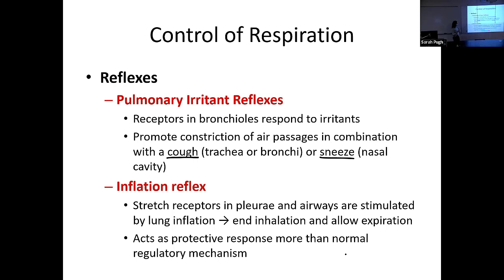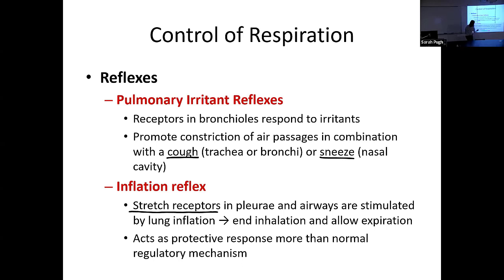An inflation reflex: you actually have some little stretch receptors in the pleura and your airways that are stimulated by lung inflation. And this is what is ending your inhale and your exhale. And so this is what's triggering that inhale and exhale. These are just some normal inflation stretch receptors that you have.